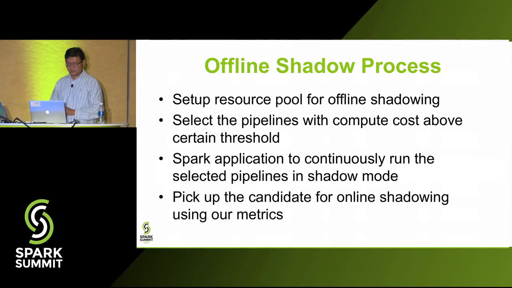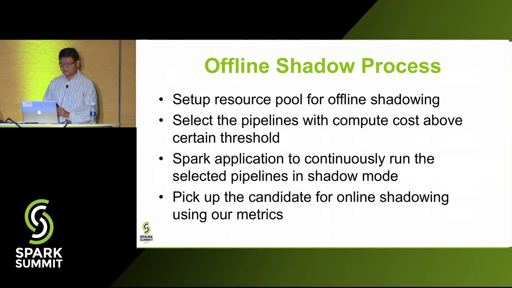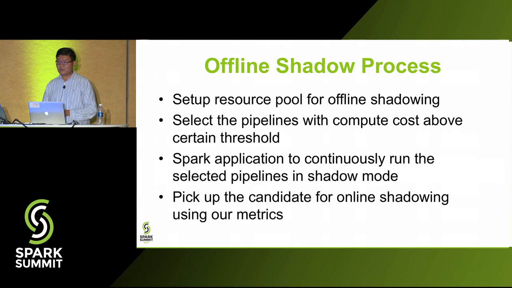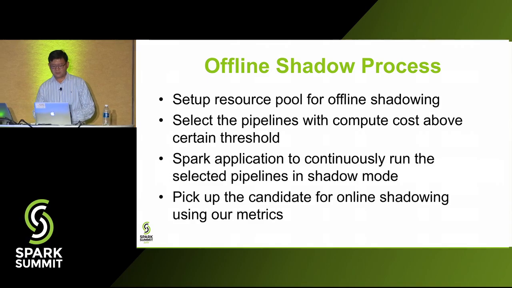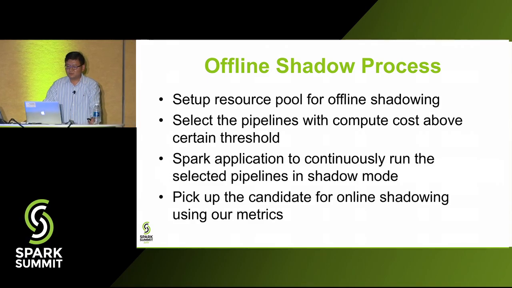Here is some detail for the offline shadow process. The first thing, we need to set up a dedicated resource pool for offline shadow. We don't want our shadow job to impact the production pipeline. Then we select the pipelines with computation cost above a certain threshold. For example, we want to migrate those heavy pipelines first.